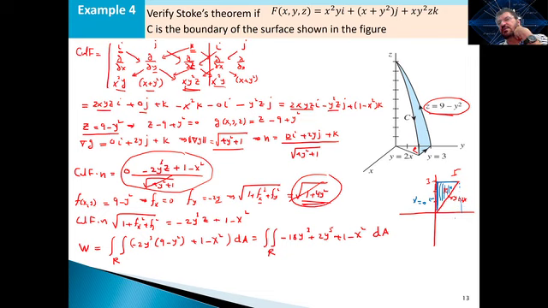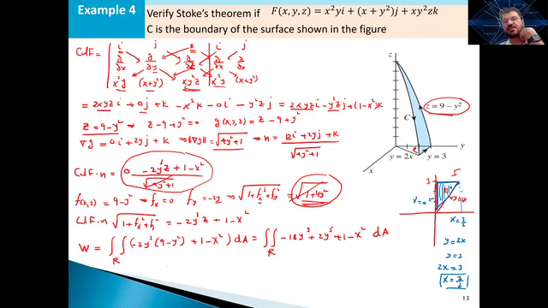So x here would be 3 over 2. This is the intersection of y equal to x and y equal to 3. So that means 2x is equal to 3. So x is 3 over 2.